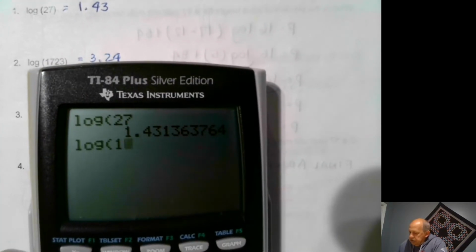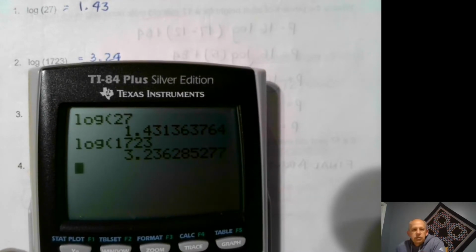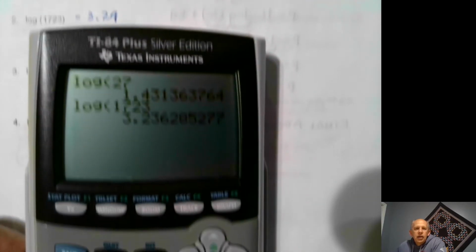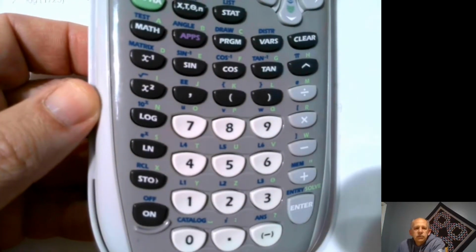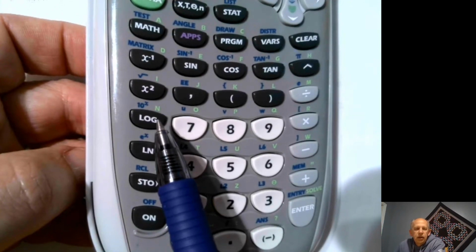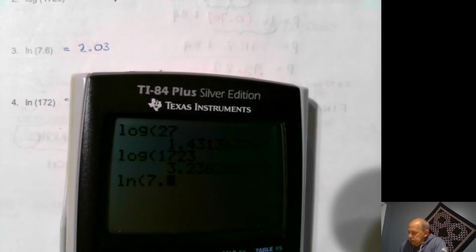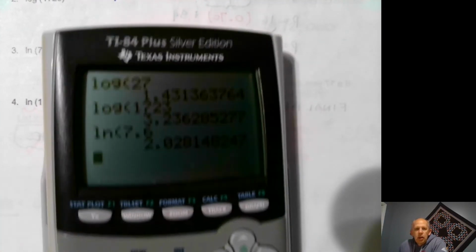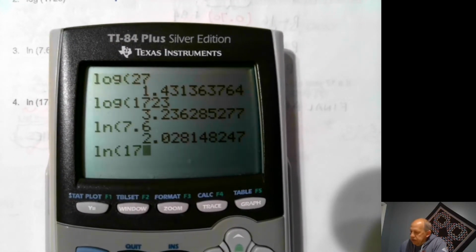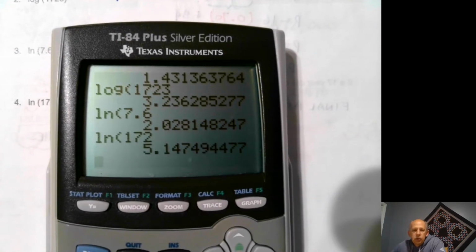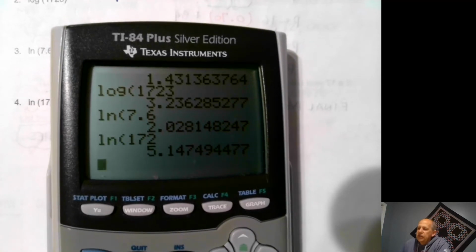The log of 1723 is 3.4. The natural log, LN key, and where I'm getting those from on the calculator, there's my log, there's my natural log. LN of 7.6, there, natural log 2.03. Depending on what type of calculator or cell phone you have, it may differ.